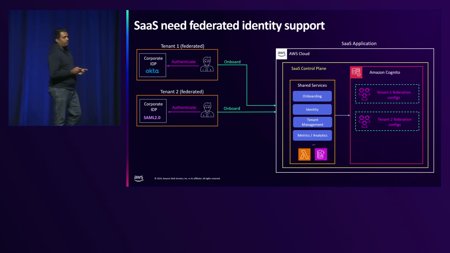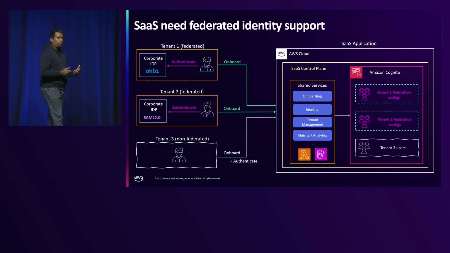Now the question is, can I only have the federation and build a successful SaaS business? Most likely no, because there could be tenants who don't have corporate IDPs at this stage and who don't need the single sign-on capability. So those tenants should still go through the standard IDP workflows.